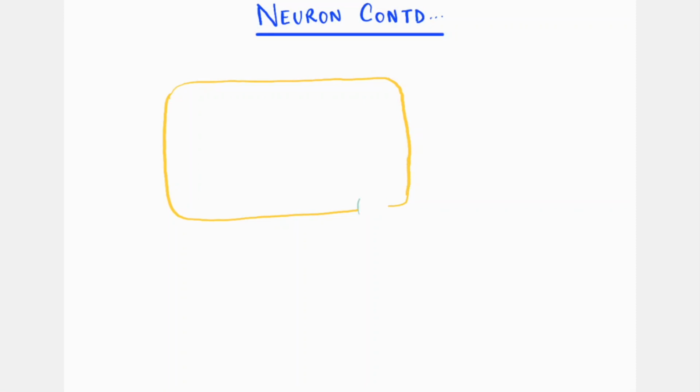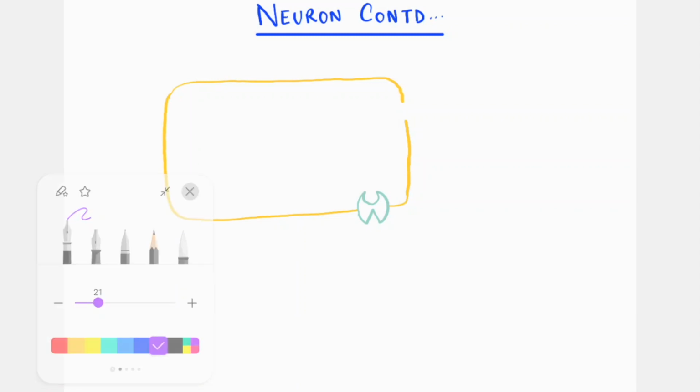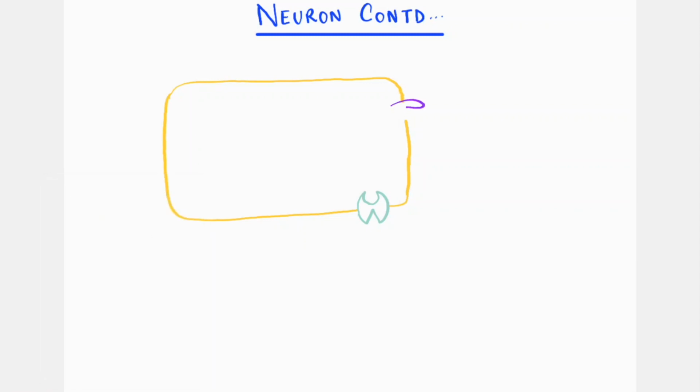And let's draw the pump right here. I also drew another channel which I call the leaky channel, if you remember, in purple. And we have already established that the resting membrane potential, RMP, is equal to minus 70 millivolt.